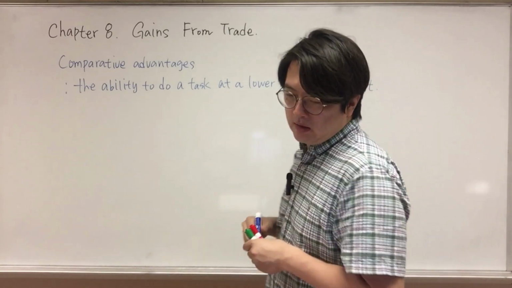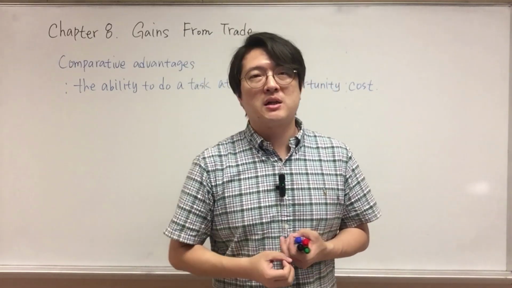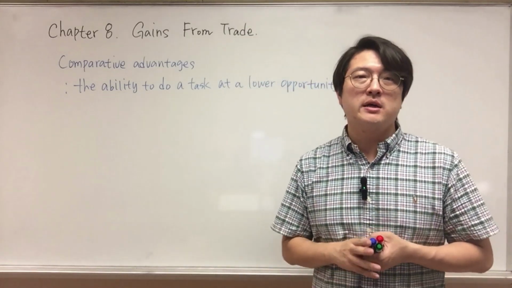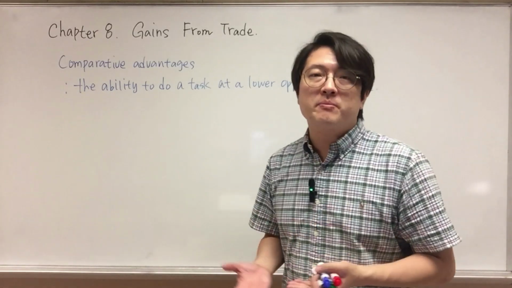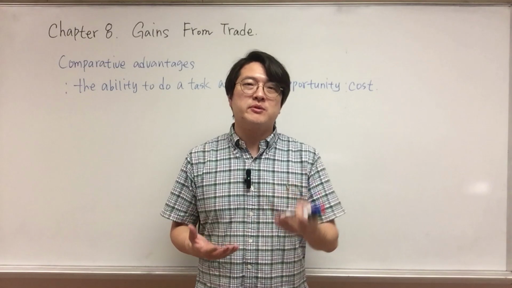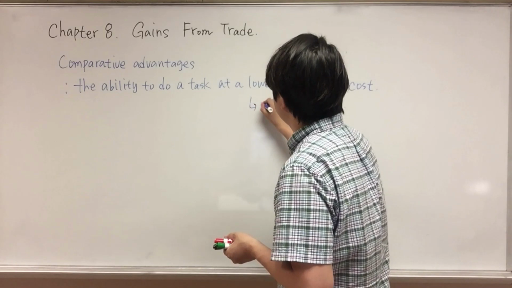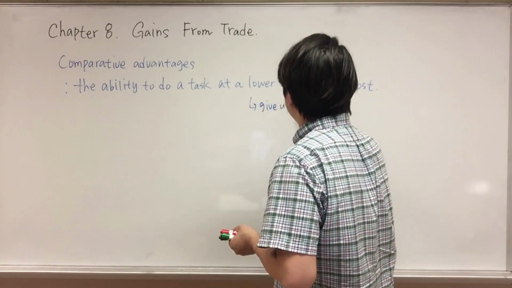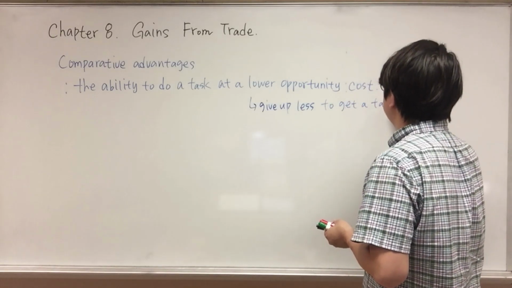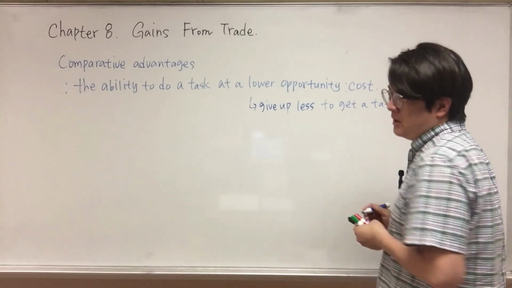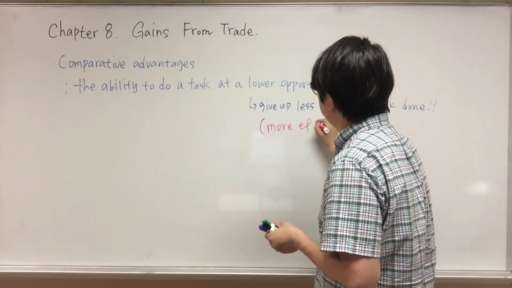If you have the lower opportunity cost, you have the comparative advantage compared to others. You have a small amount of alternative work to give up, so it is very efficient. You give up less to get a task done, which is more efficient.